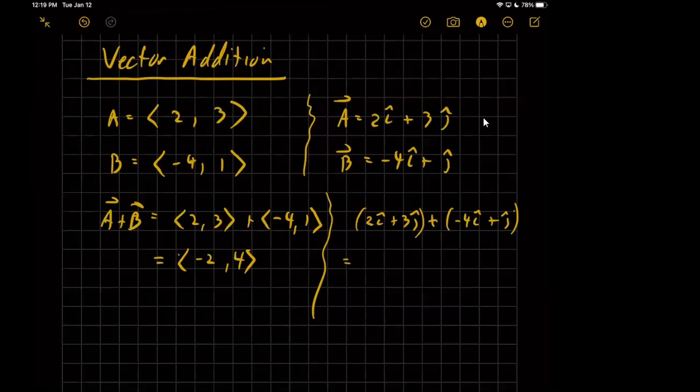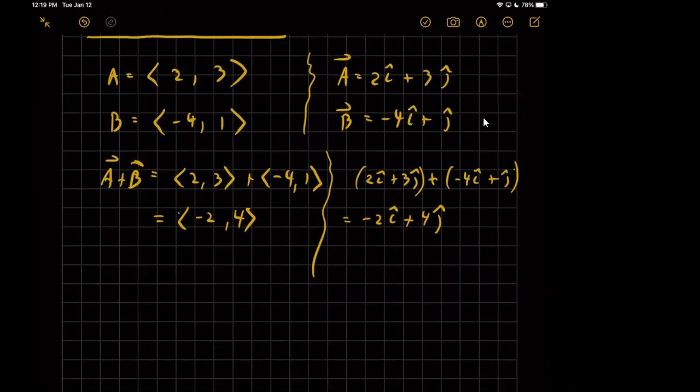We have 2i minus 4i, so that's -2i, and we have 3j plus j, so that becomes plus 4j. So we just follow our rules of algebra, and we have the unit vector form of the answer. And you can see those correspond to the same thing. -2, 4 are the components, so we get -2i plus 4j. So this is very easy.